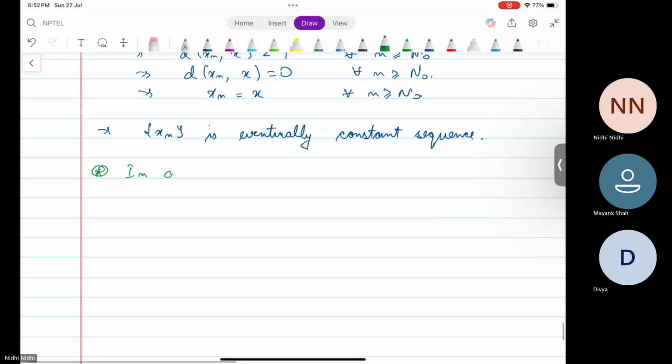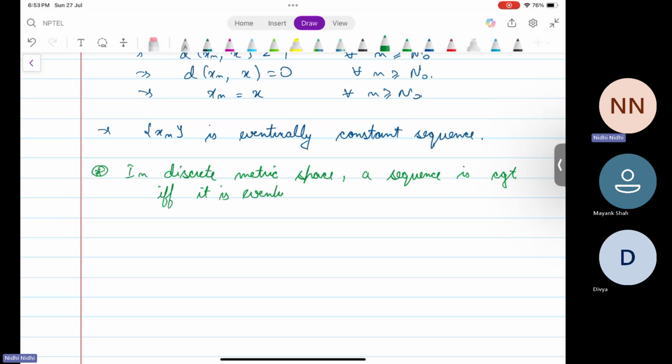In discrete metric space, a sequence is convergent if and only if it is eventually constant.